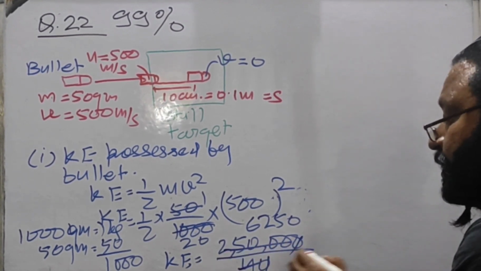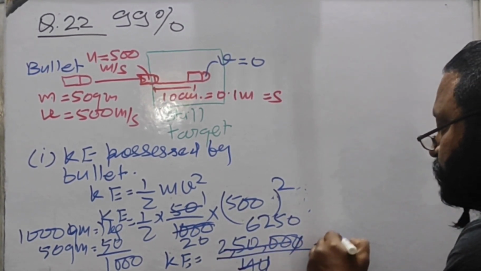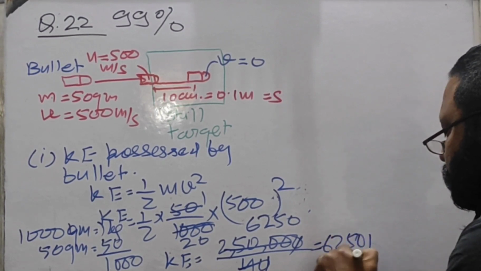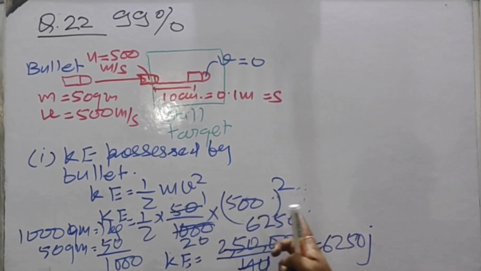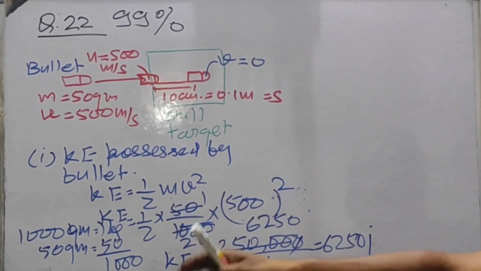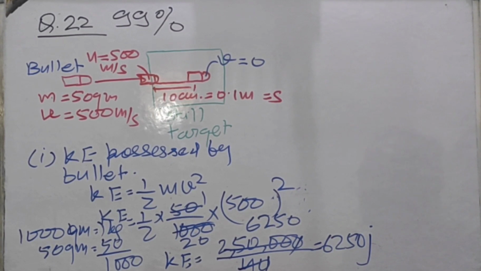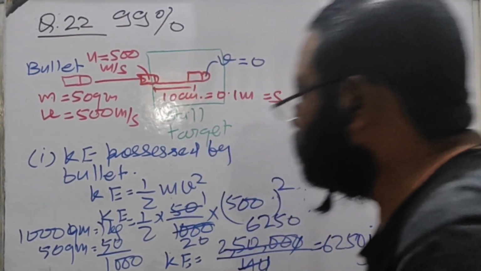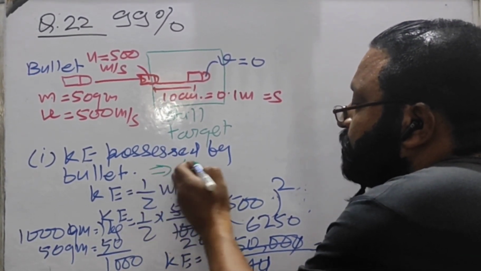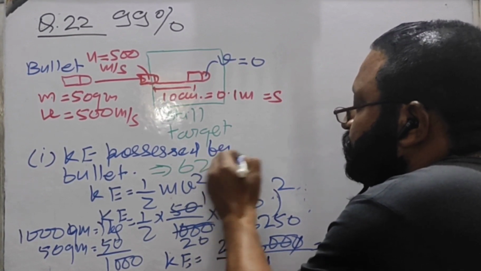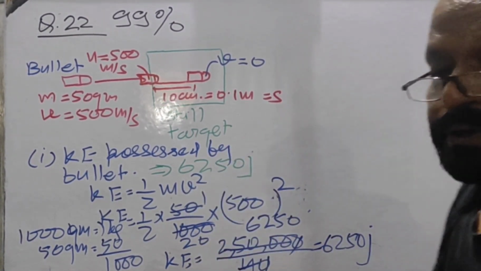So kinetic energy is equal to 6,250 joules. One silly mistake I made: I forgot to do v square there, because of that a wrong answer was coming. So the kinetic energy possessed by the bullet is 6,250 joules.